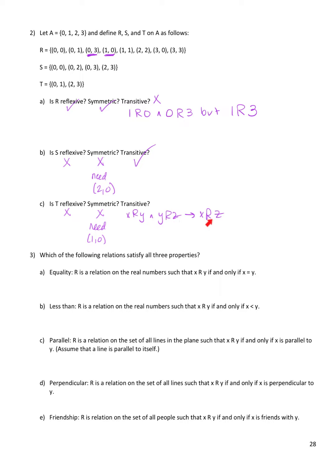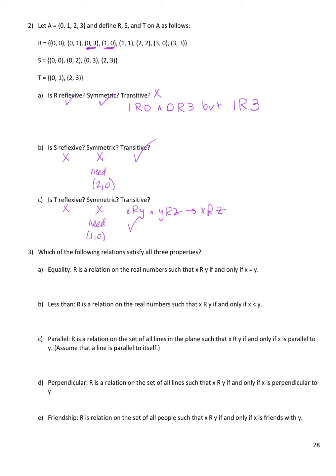So remember, the only way that an if-then statement can be false is if this is true, but this is false, right? But this is vacuously true. So this is transitive, yes, but it's because the if-then statement is vacuously true.